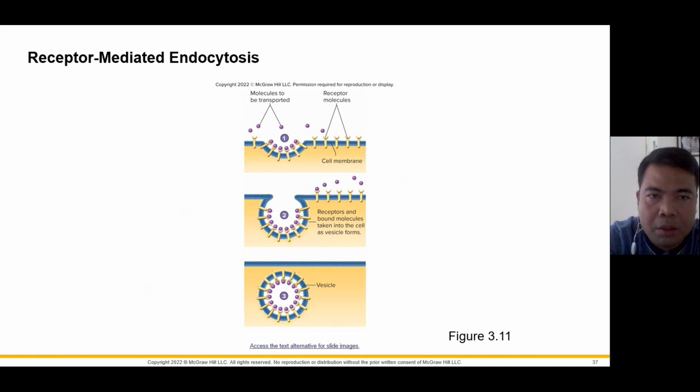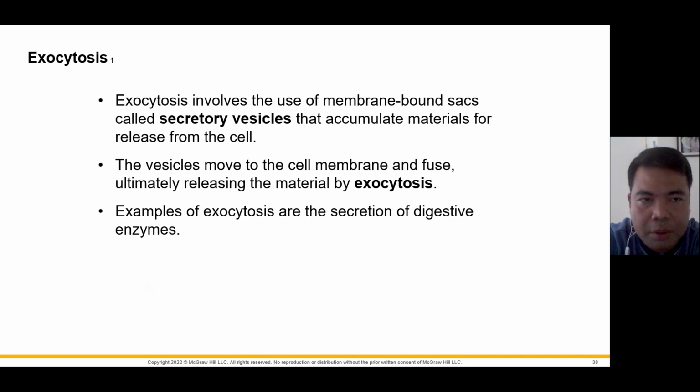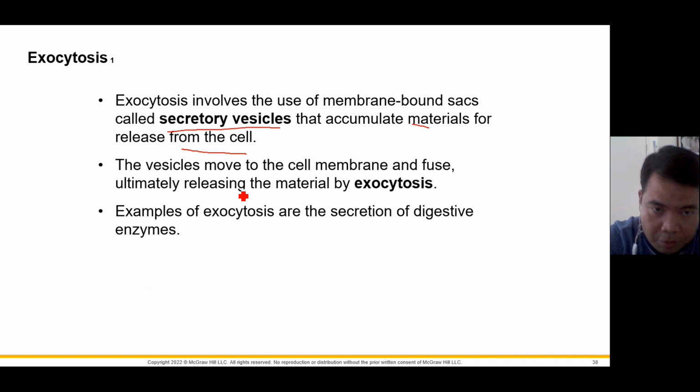Okay? So, the opposite of endocytosis is exocytosis. Exocytosis, gumagamit din ng vesicles, specifically called secretory vesicles, that accumulate materials inside the cell and they will be released to the outside of the cell. The vesicles move to the cell membrane and fuse, ultimately releasing the material by exocytosis.